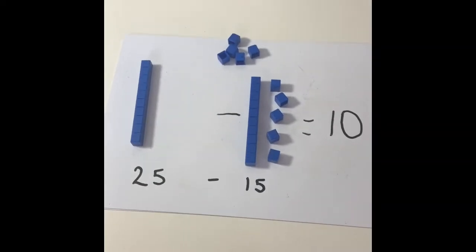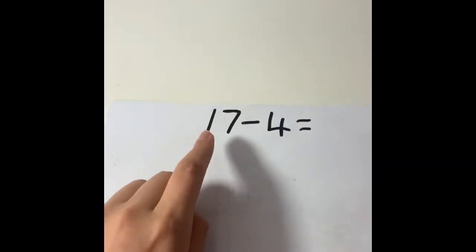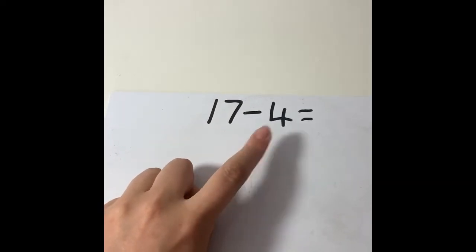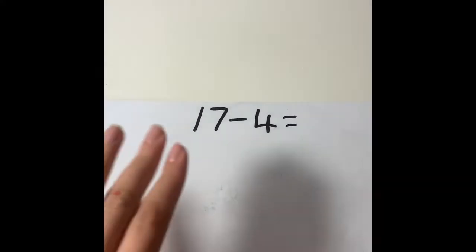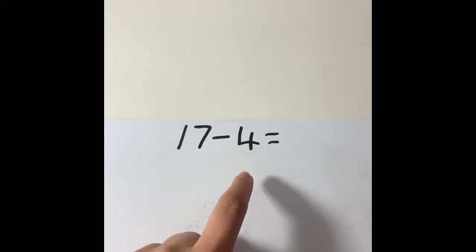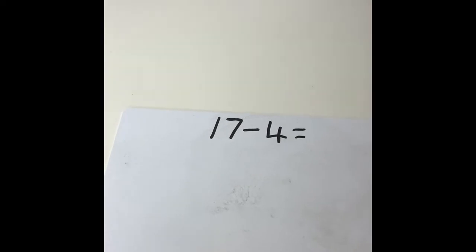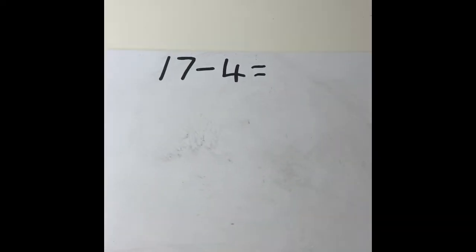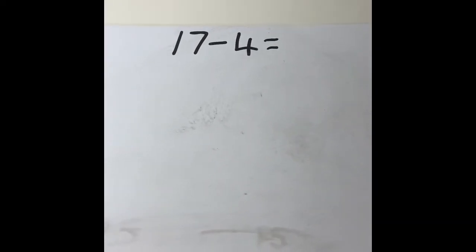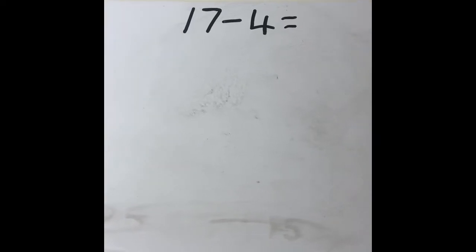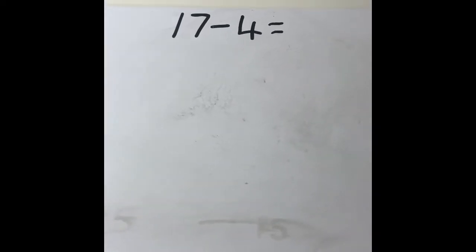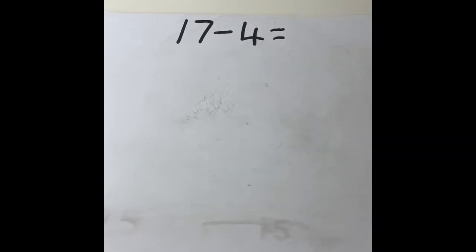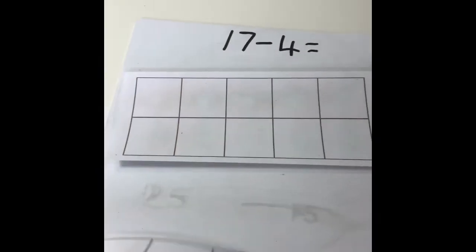Okay, let's get on to the learning for today. Here is my question. 17 take away 4, or 17 subtract 4. The first thing I'm going to do is put 17 onto a 10 frame. Now, how many 10 frames do you think I'll need to put 17 on? 1 or 2?